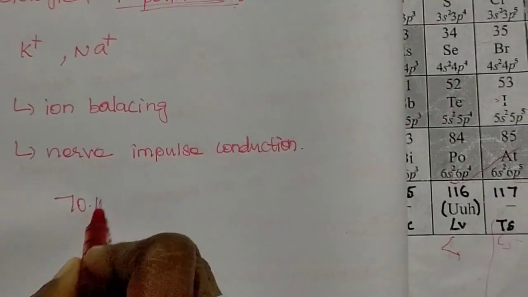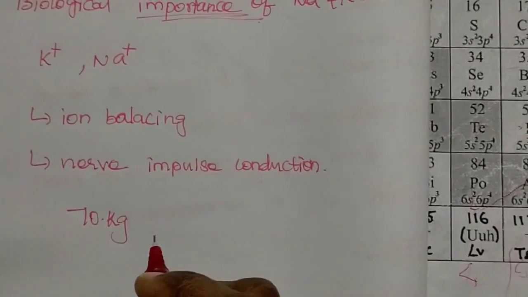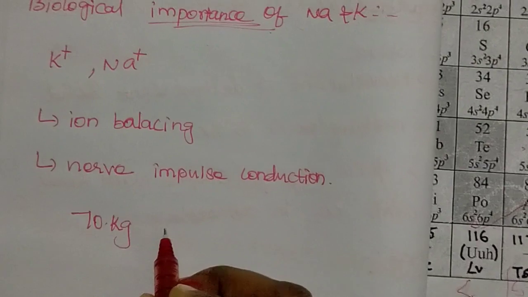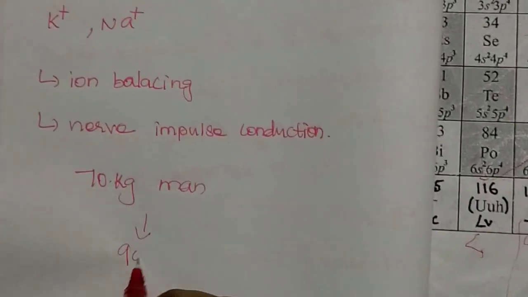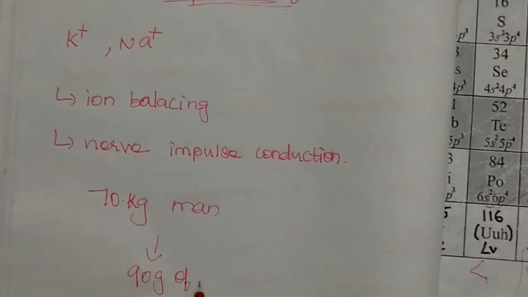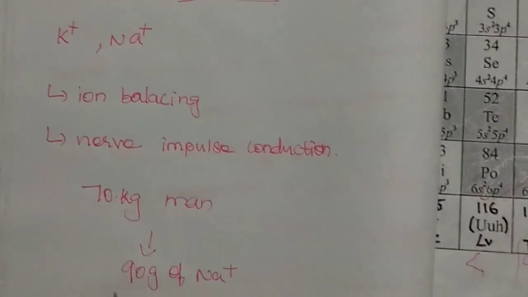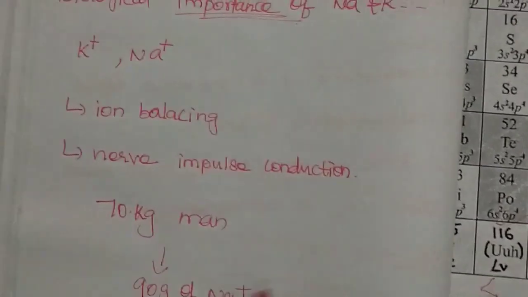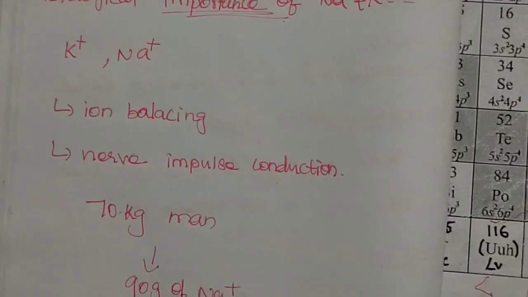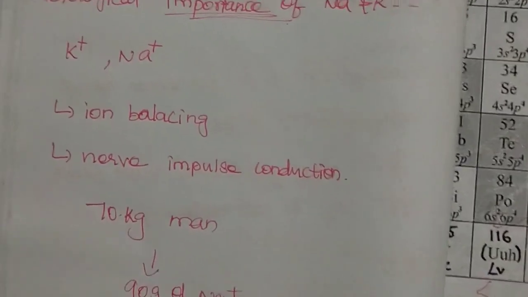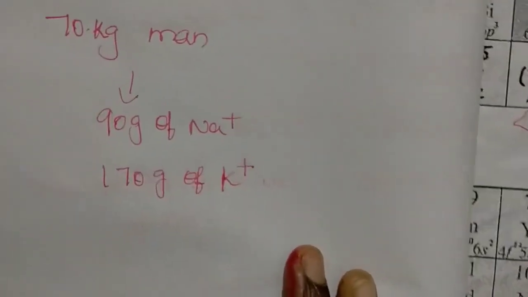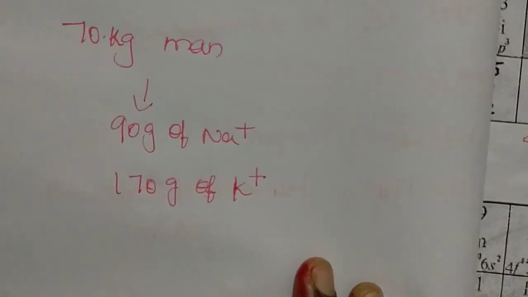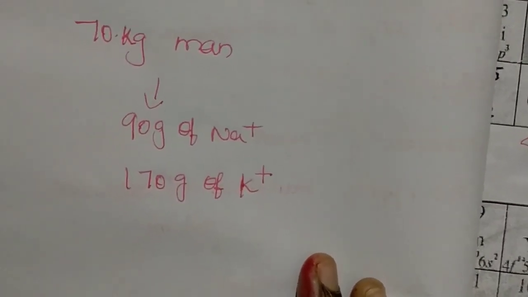A 70 kg man contains 90 grams of monovalent sodium and 170 grams of monovalent potassium. But the body contains only 5 grams of iron and 0.06 gram of copper.